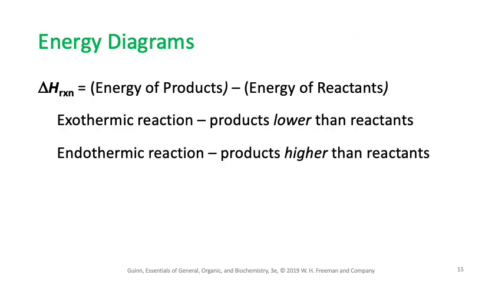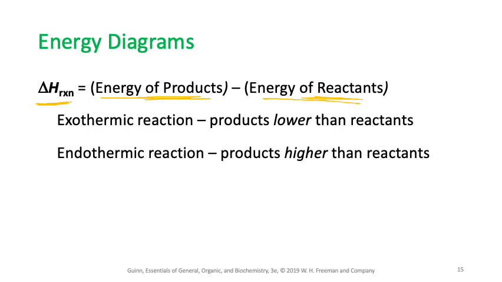On the previous slide we just learned how to get the delta H from the energy diagram, but the formula is over here. So delta H of any reaction is always the energy of the product, how much energy you have on the product side, subtracted from the energy of the reactant. So product minus reactant, always.